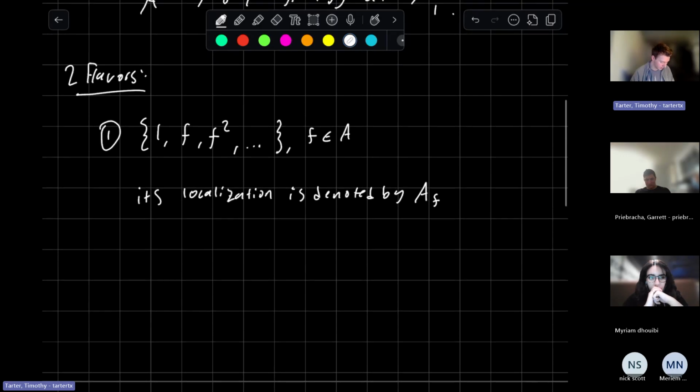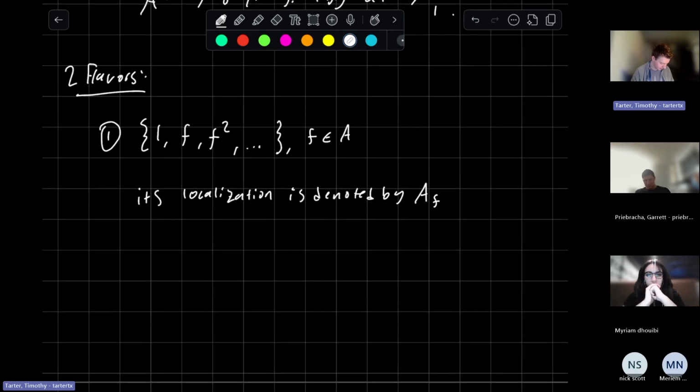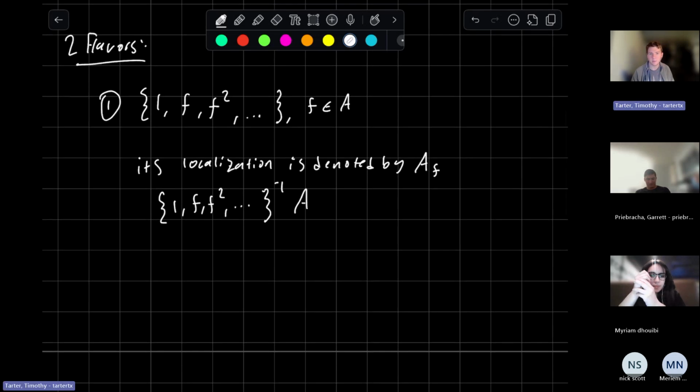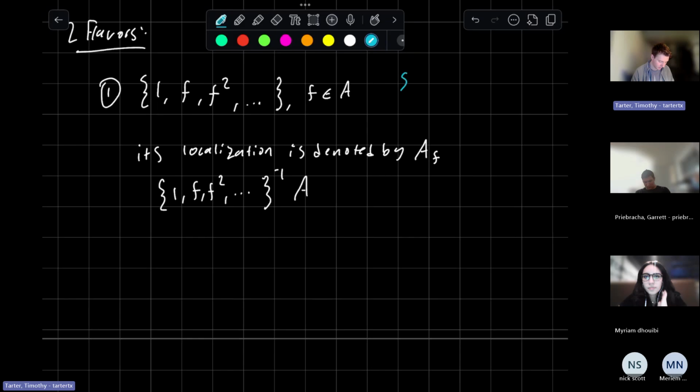And basically what this is is {1, f, f squared, ...} inverse A. So it's just 1 over f, or f to some power, over A. This is the case that I'm going to lovingly call the one where we can divide.